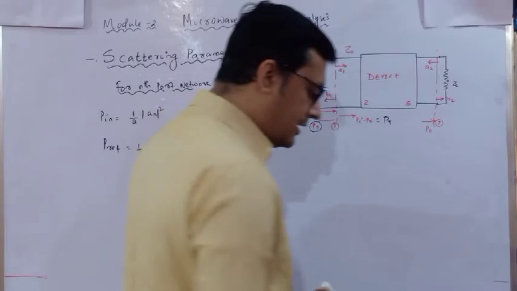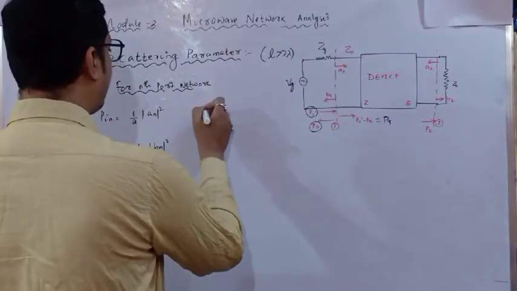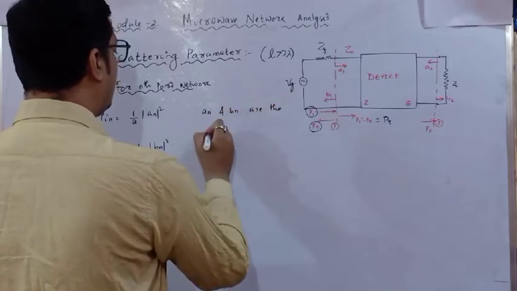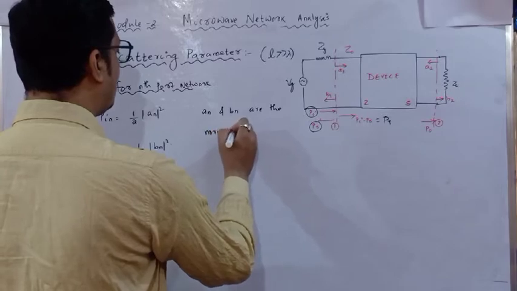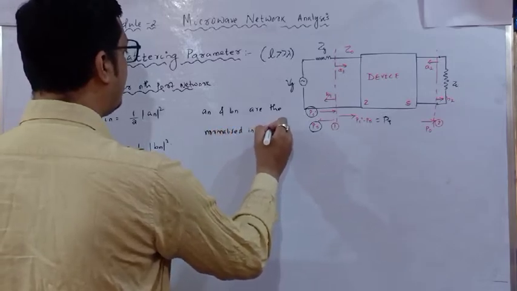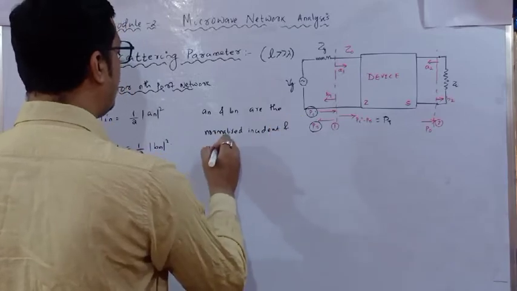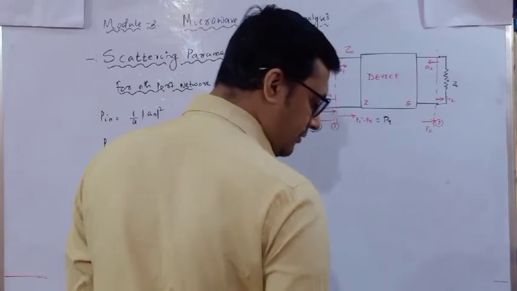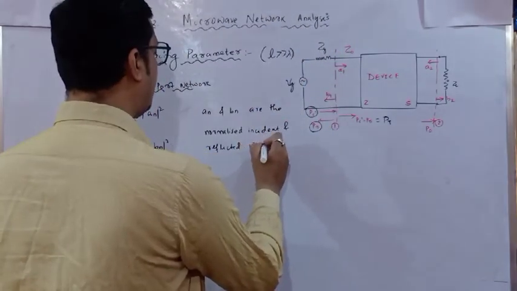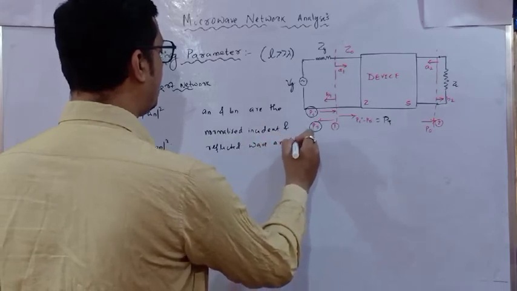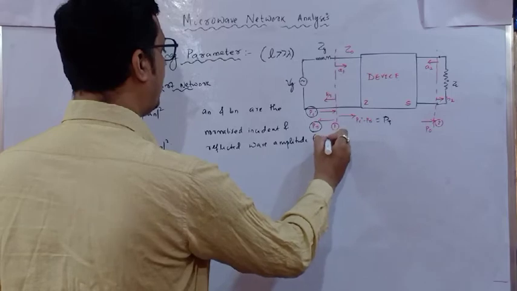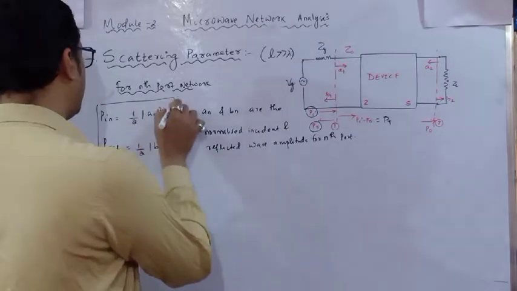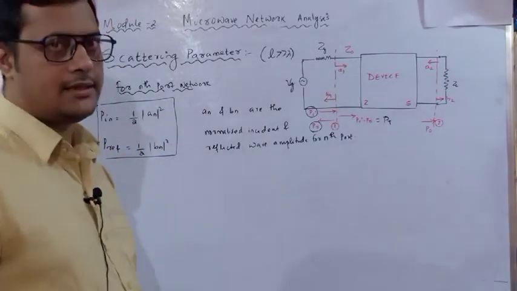So an and bn are the normalized incident and reflected potential, the reflected wave amplitude for the nth port. These are the two powers through which we can determine the output power.